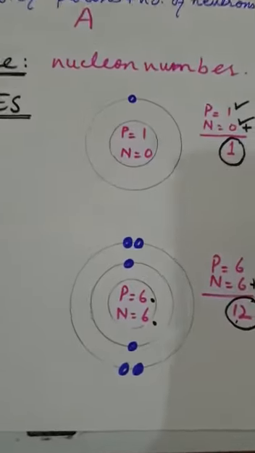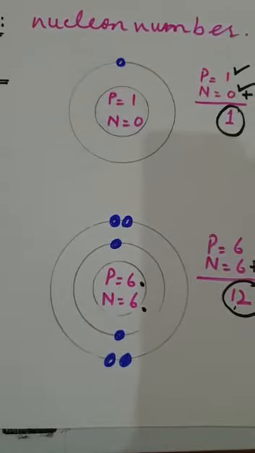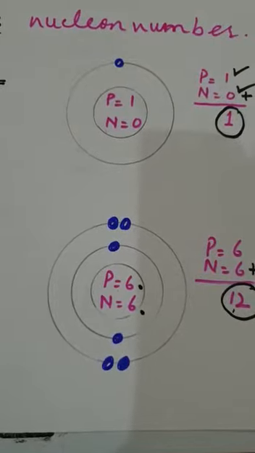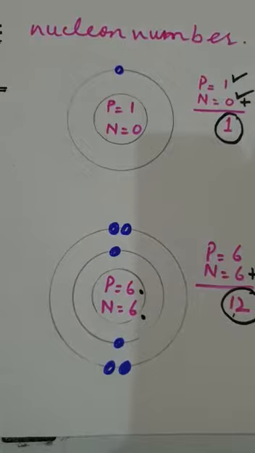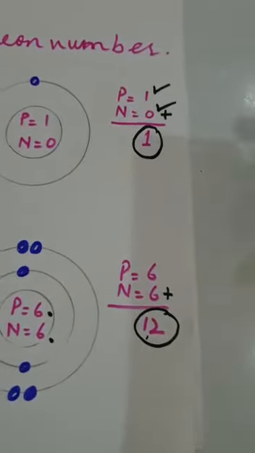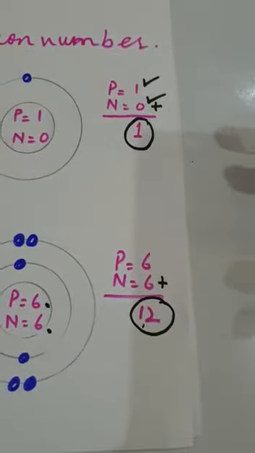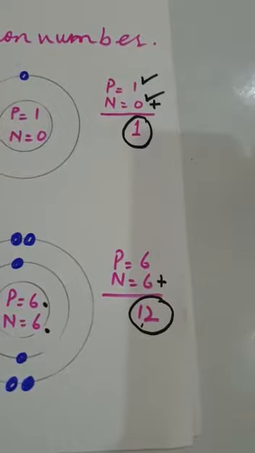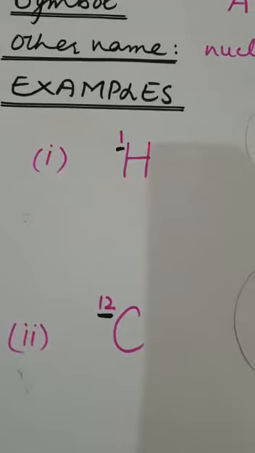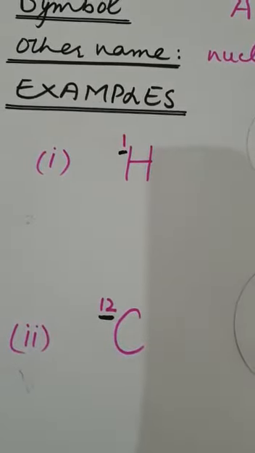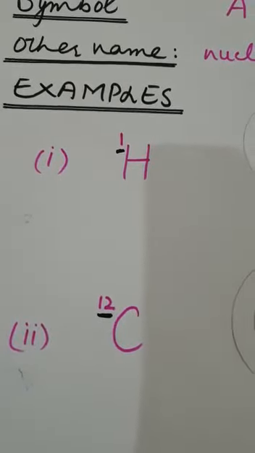Similarly, this is the structure of the carbon atom. The nucleus of the carbon atom contains 6 protons and 6 neutrons. When we add the number of protons and neutrons, our answer will be 12. So that 12 will be the mass number of carbon, and it will be written above the symbol.